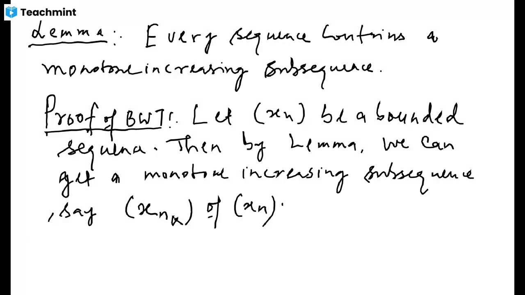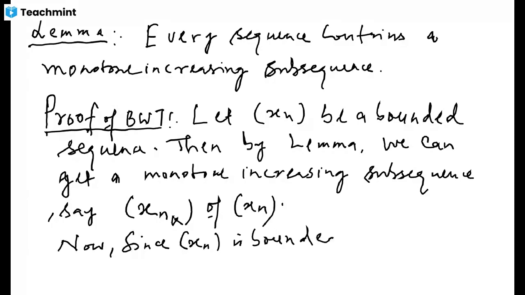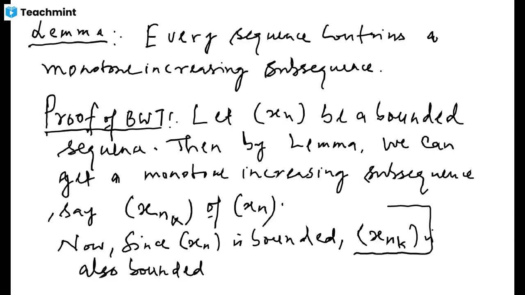Now, since by hypothesis your sequence xn is bounded, its subsequence will also be a bounded sequence. Because we are dealing with bounded sequences, the subsequence X_{n_k}, which is monotone, is also bounded. So this subsequence is monotone and it is bounded also.